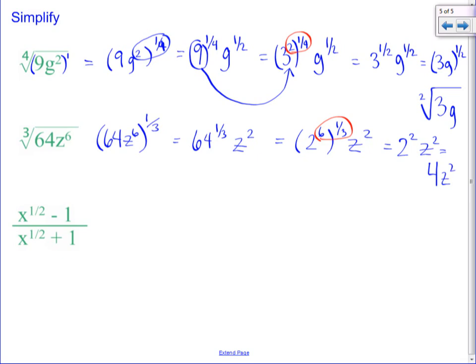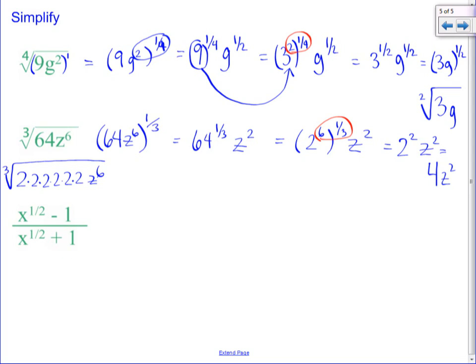Four z squared. No root at all because there's no fractions in our exponents. Okay, could you have also done what we did in our previous section where we take 64 and go 2 z6? Absolutely. Okay.